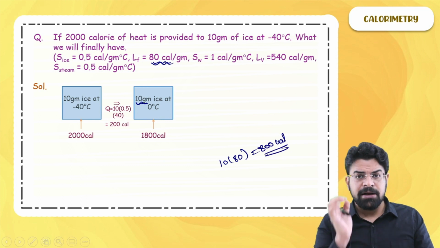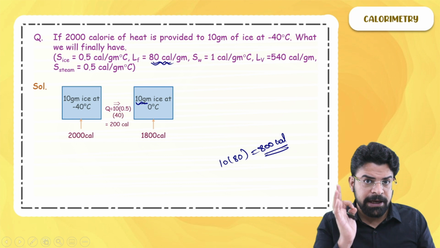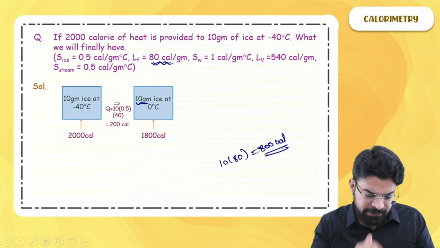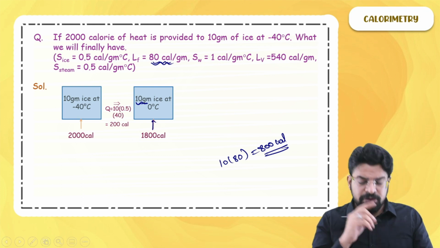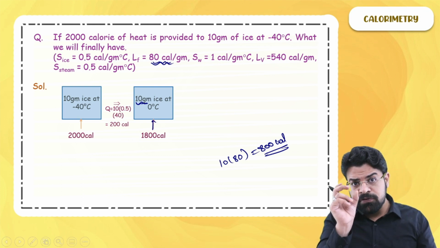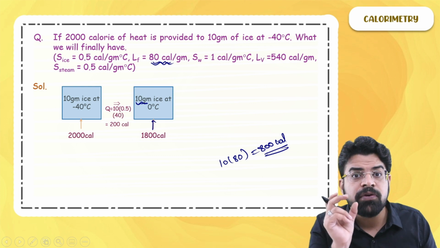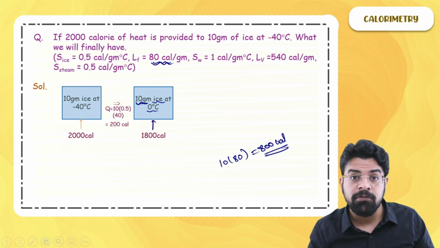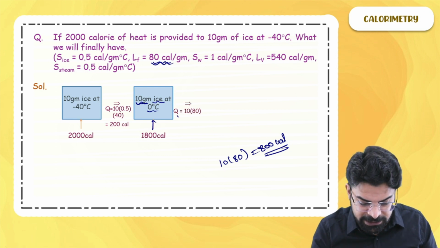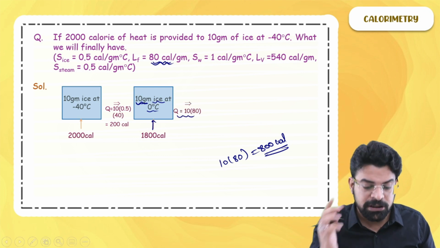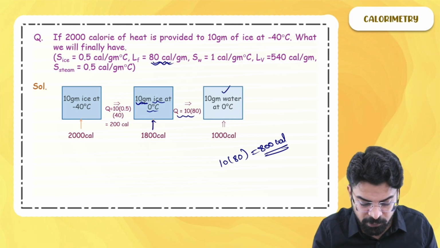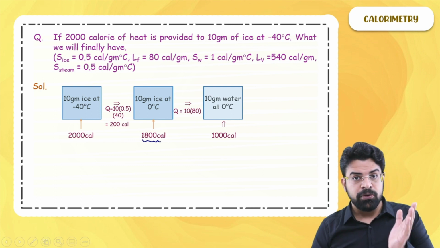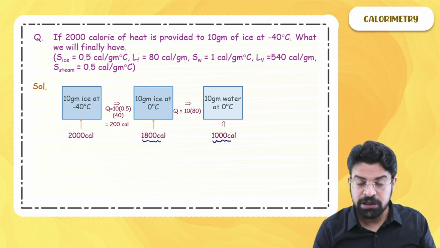So the next 800 calorie out of this 1800 will be utilized for the phase transformation, converting the ice at 0 into water at 0, and you will get 10 gram of water at 0 degrees centigrade. Now you will be left with only 1000 calorie.